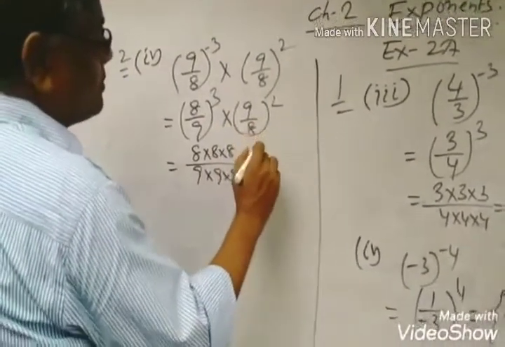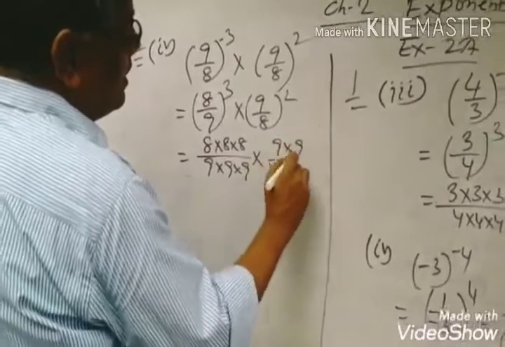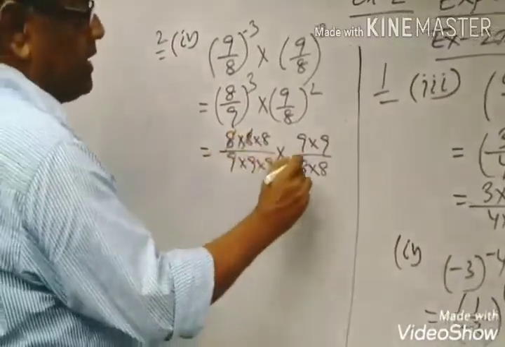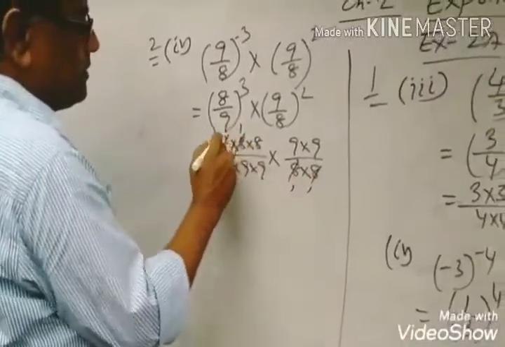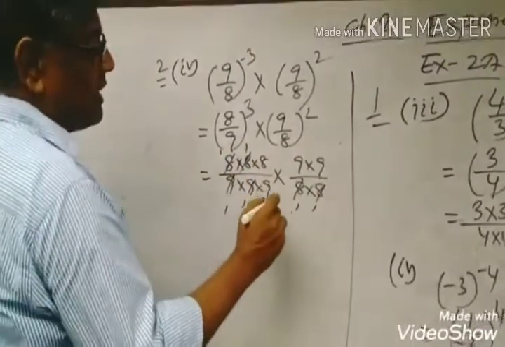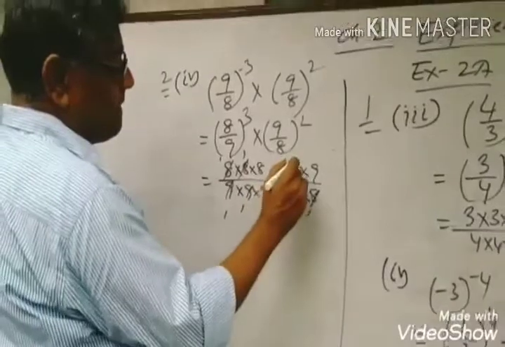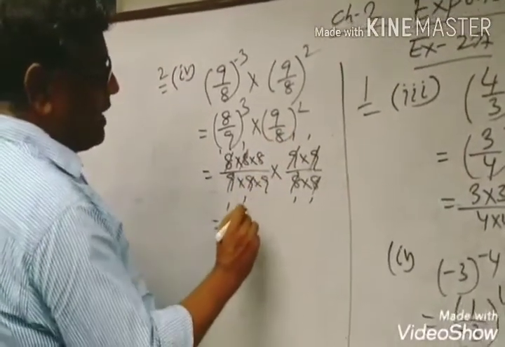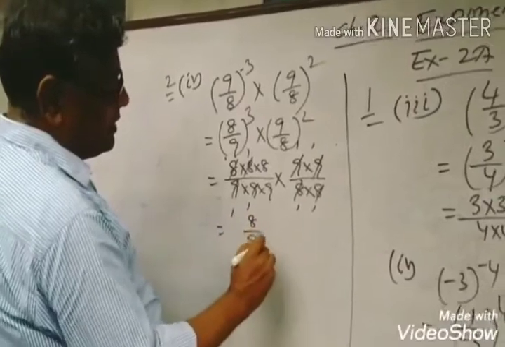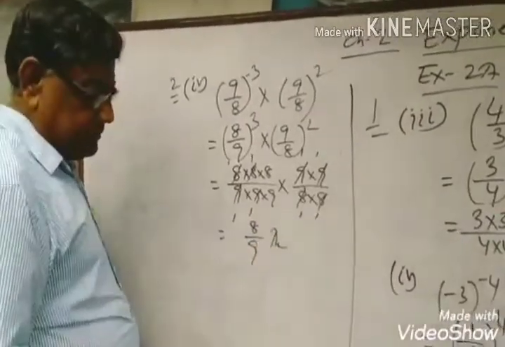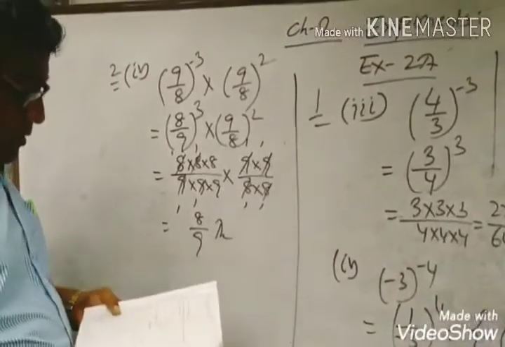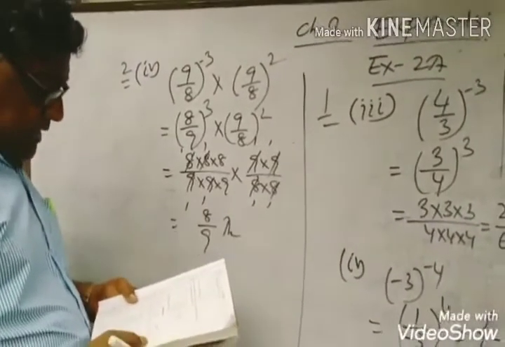Second, (9/8) whole square means 9 into 9 by 8 into 8. 8 8 cancelled and 9 9 cancelled. Result is 8 by 9. This is the answer. You can solve the remaining sums, same process.